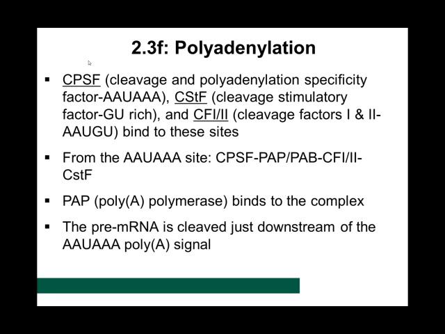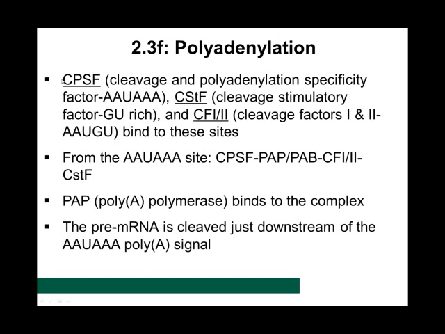When capping is finished, then it recruits the splicing enzymes second. When splicing enzymes are finished with their job, then it recruits the polyadenylation enzymes. And these are the last series of enzymes before the RNA is polished and kicked out into the cytoplasm where translation can take place.